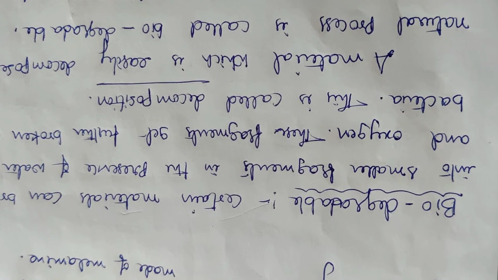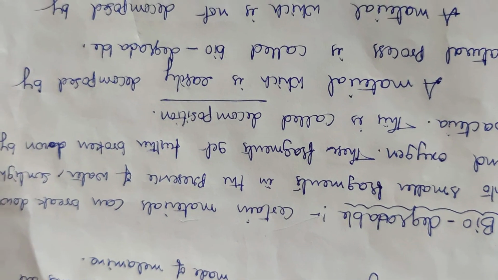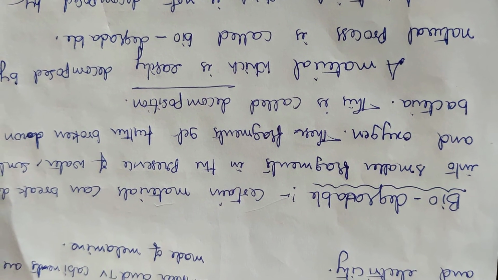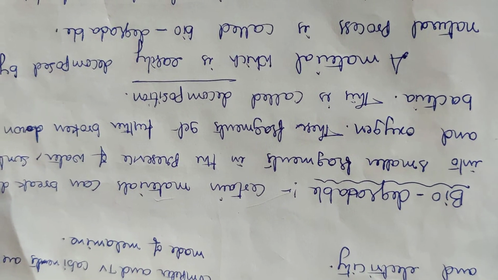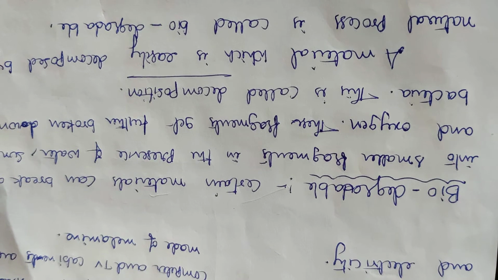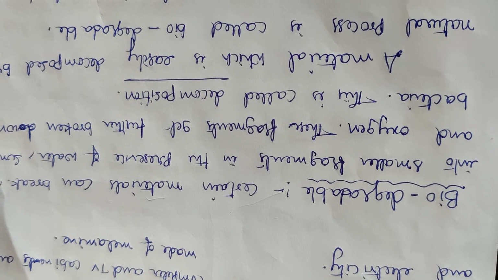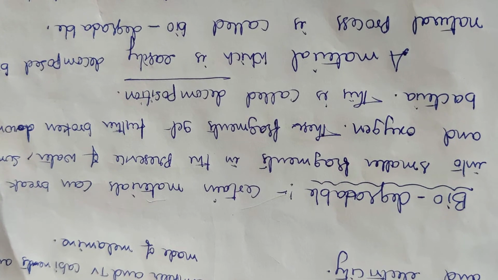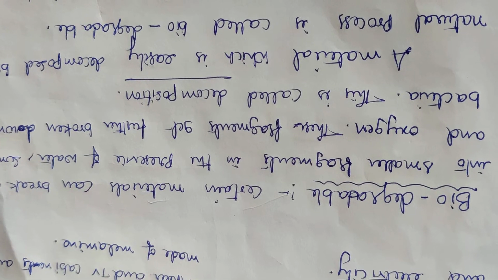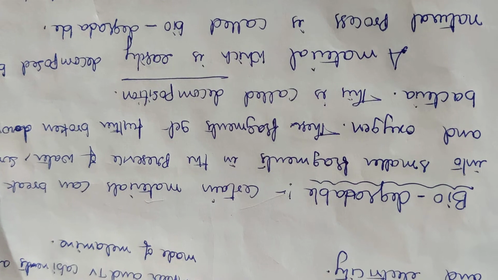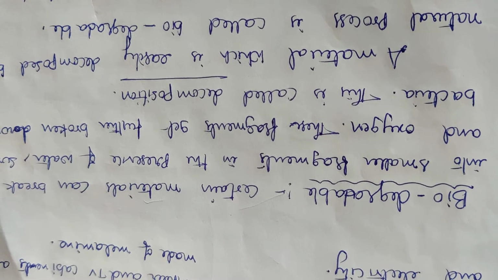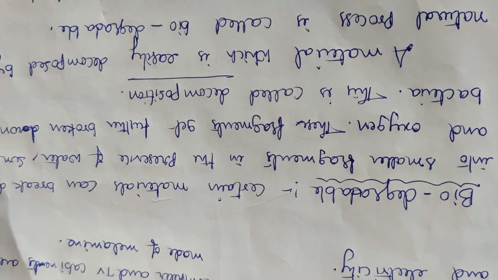A material which is easily decomposed by natural processes is called biodegradable. Generally, paper, wood, or natural clothes like cotton come under biodegradable, and they easily break down into small pieces and decompose.